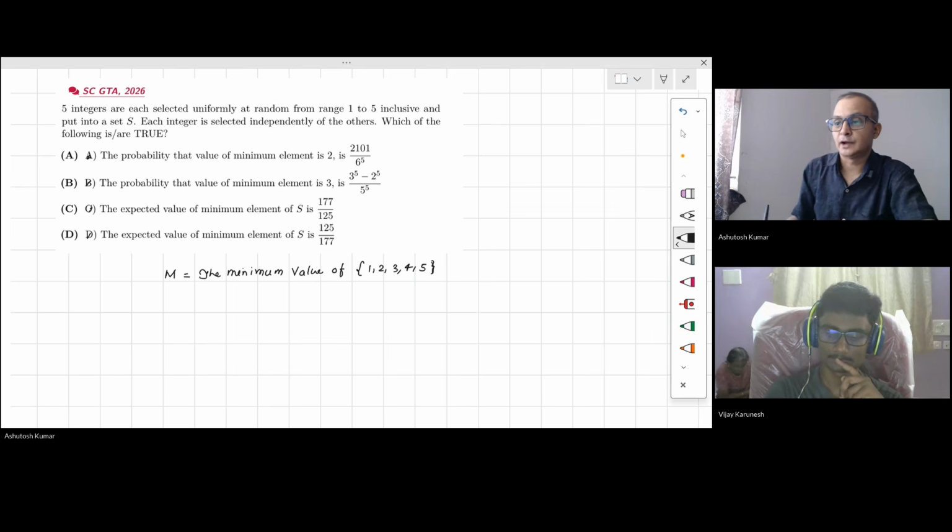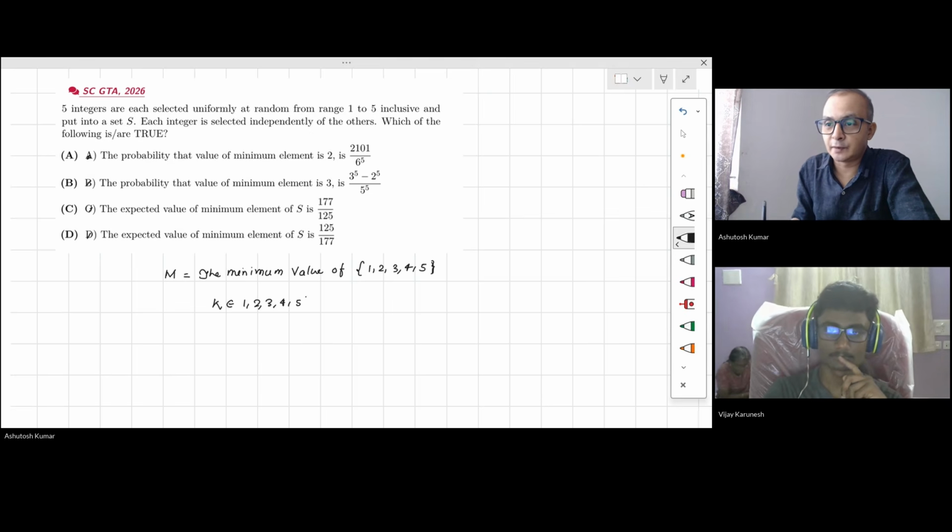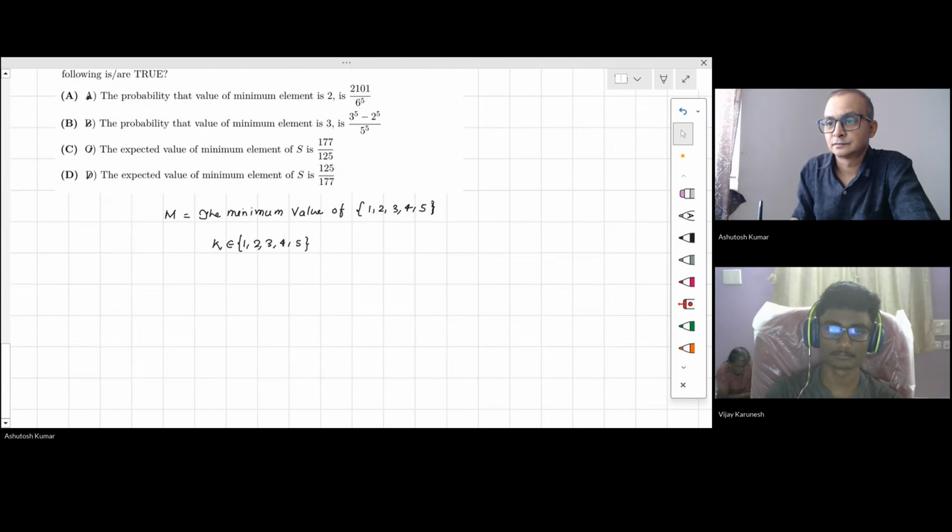Let k belong to 1, 2, 3, 4, 5, and then we create a general formula, and in this formula we will substitute the values 2, 3 and so on, and we can get whatever we require. So how do we create it? Suppose we want to find the minimum value M is greater than or equal to k, some integer.